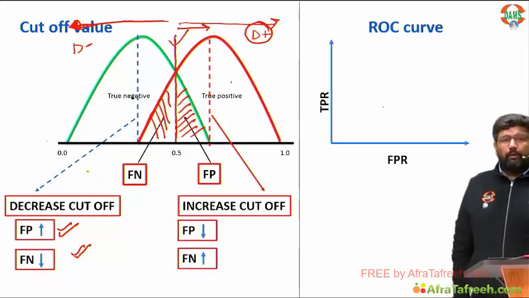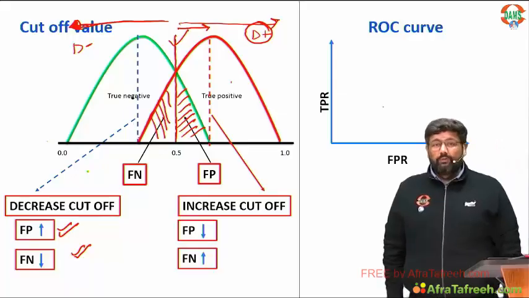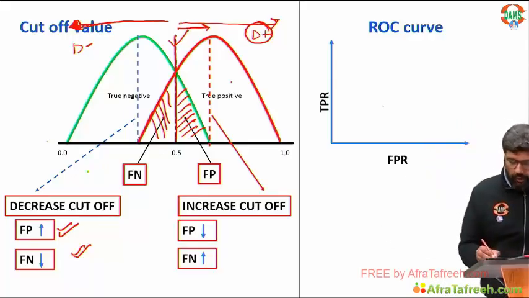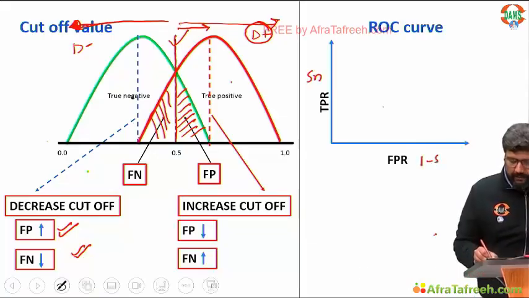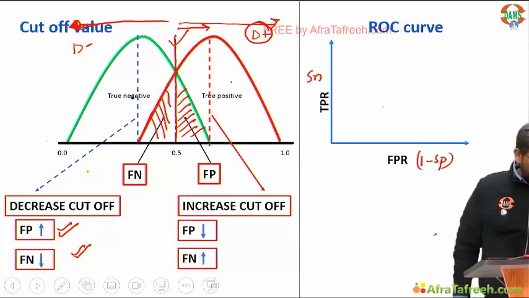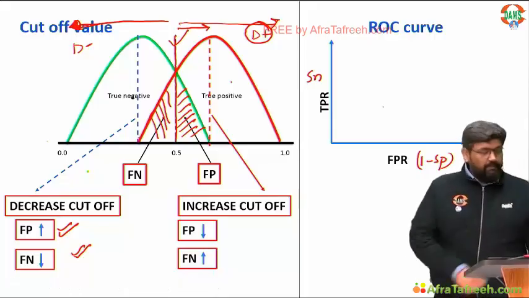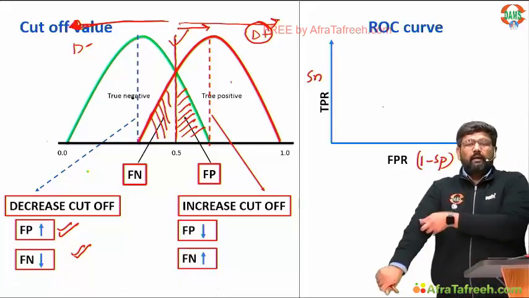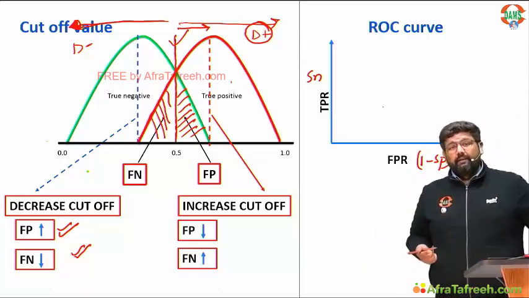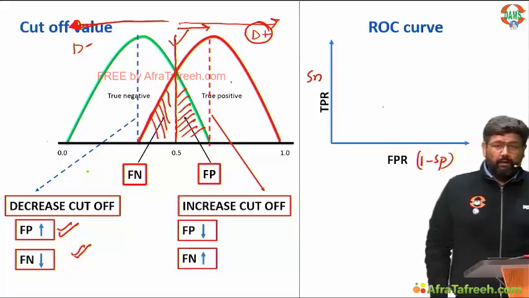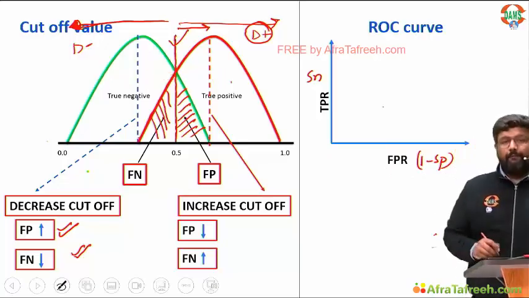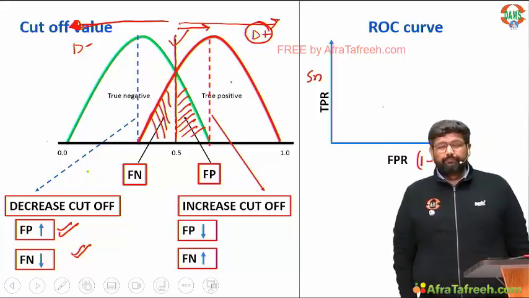Now, coming to the ROC curve. What is the ROC curve? It is a curve drawn between sensitivity and 1 minus specificity. The other name for sensitivity is true positive rate. The other name for 1 minus specificity is false positive rate.